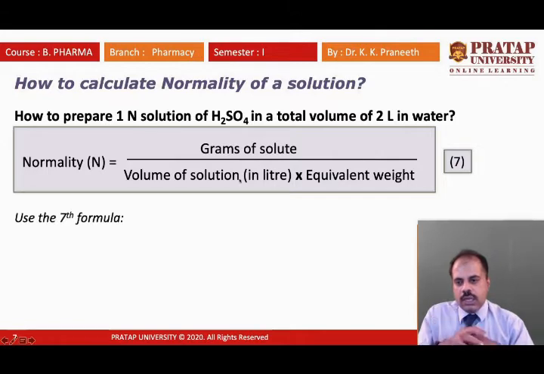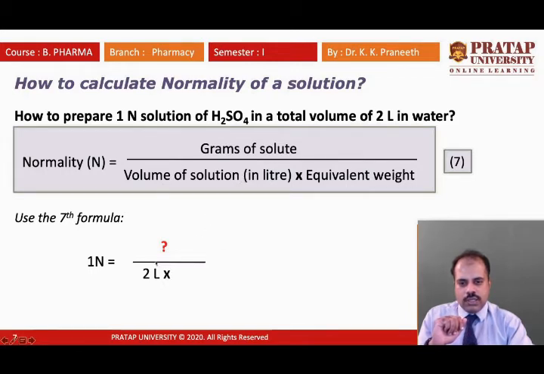We know from this equation that the concentration is 1 normal, so I put here 1 normal. Grams of solute needed we don't know, and the volume of the solution here is 2 liters. This is a change compared to the first example we have seen today, and then the equivalent weight is 49, right?